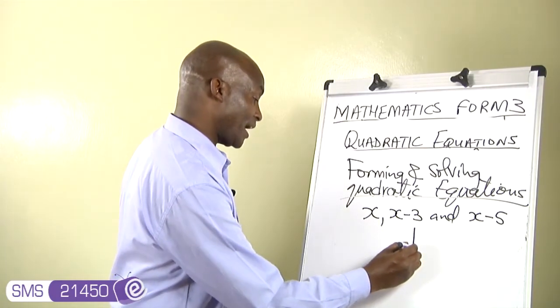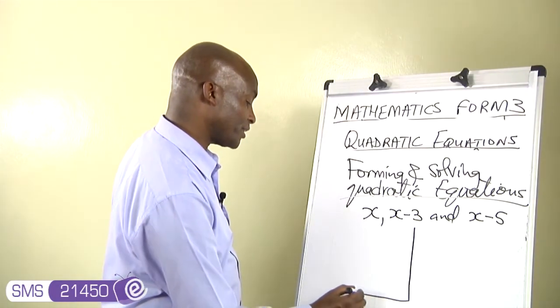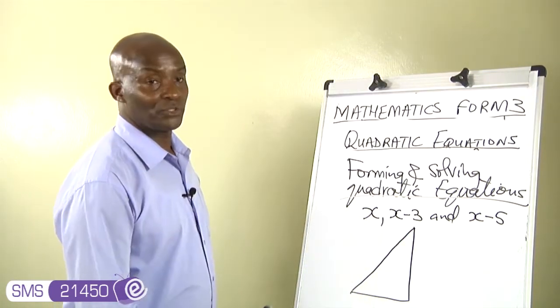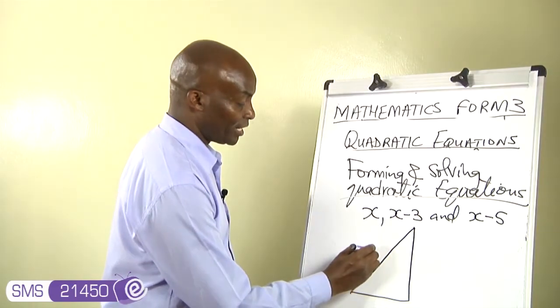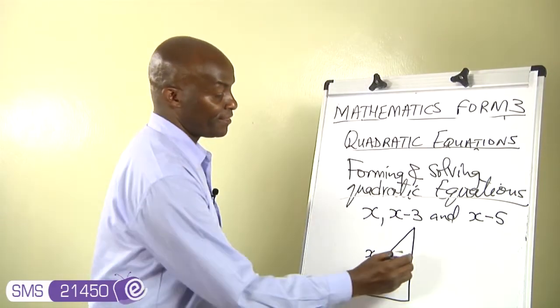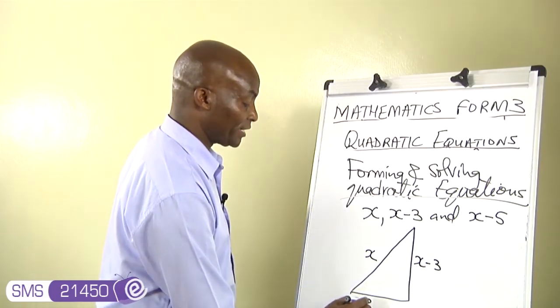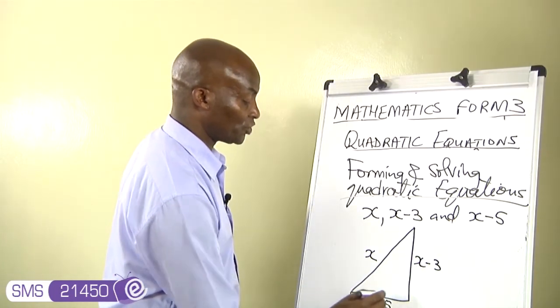So let's sketch a right-angled triangle. Of course, we know the hypotenuse is normally longer than all the others. Then this could be the x minus 3, and this could be the x minus 5, which is the shortest.